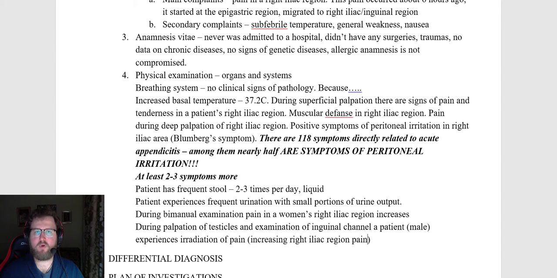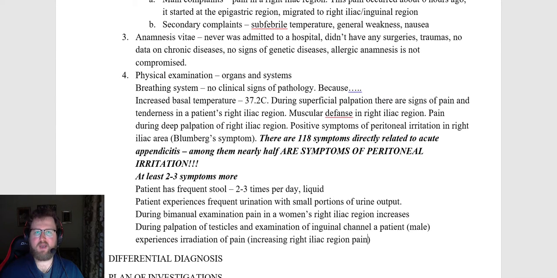The mechanism of this symptom is similar to frequent urination and loosened stool, when pathologic effusion from destructive appendicitis irritates the parietal peritoneum, which covers the inguinal canal and the spermatic ducts.